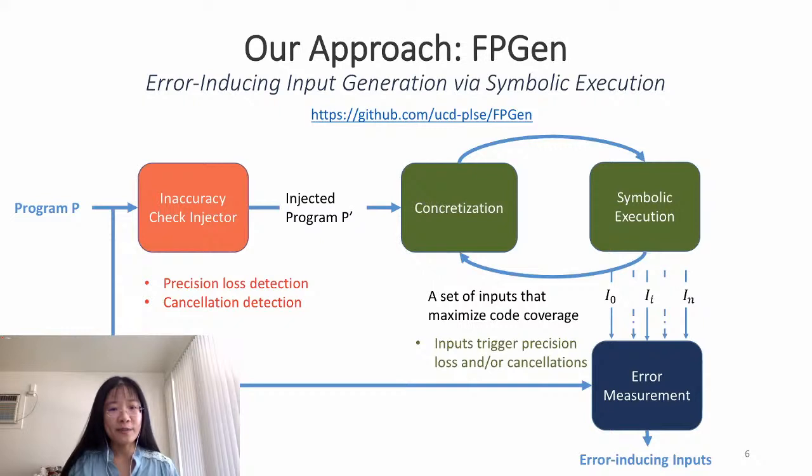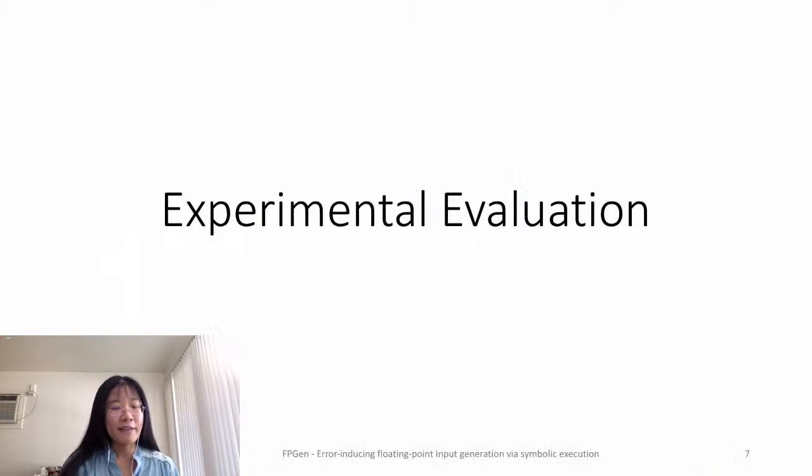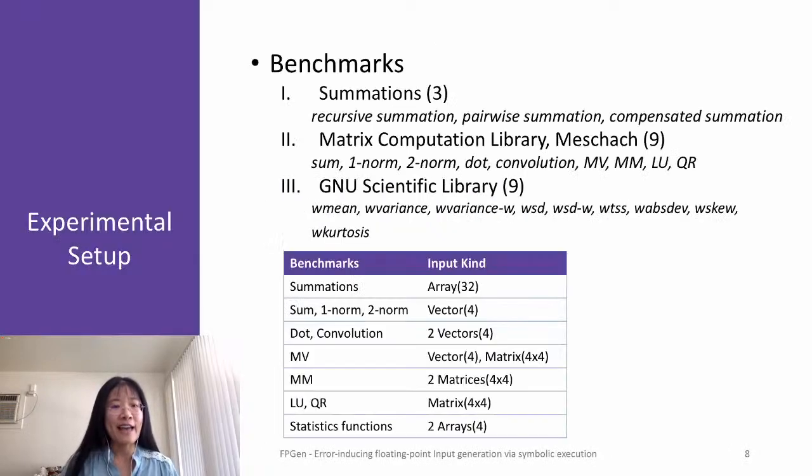The third module, error measurement, takes the inputs generated by the symbolic execution, and it measures the error triggered by each input to identify error-inducing inputs. In our evaluation, we collect a set of numerical programs that take multi-dimensional data as input.